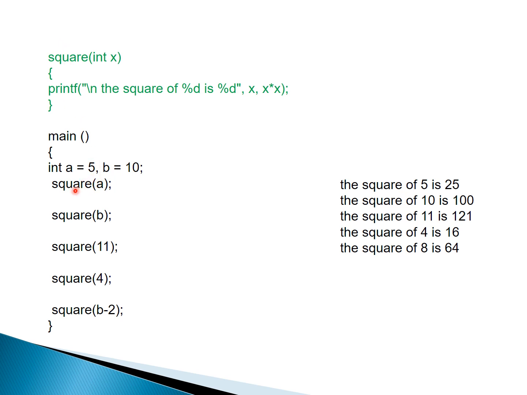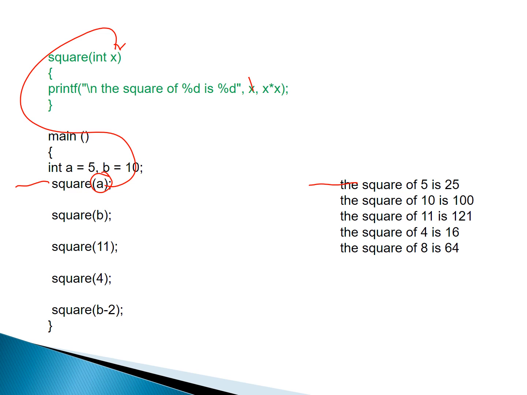So let's execute this one. When we call this function square, the value of this a will go and be stored in x. So the output will be the square of 5, because this x is now 5.